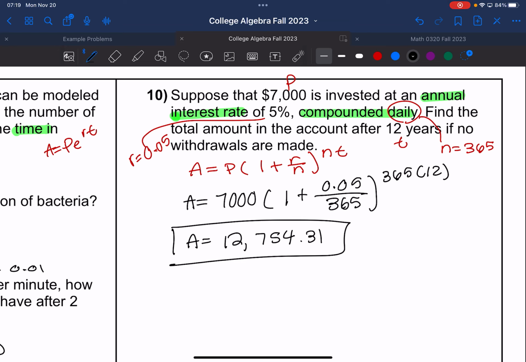So that one made that person a lot of money. Okay. So again, once we label everything, plug it into our formula. Once you plug that into your calculator, this is the answer you get. Since we're talking about money, we always round to 2 decimal places.